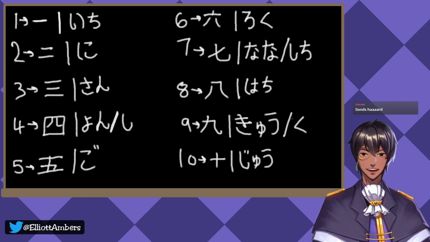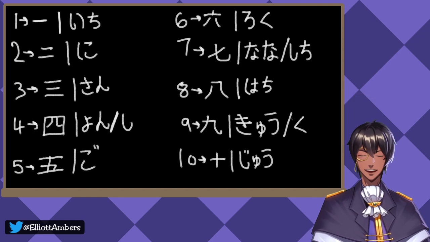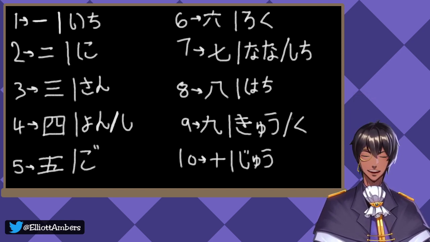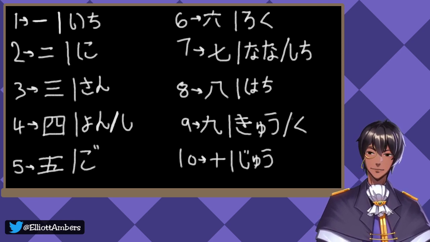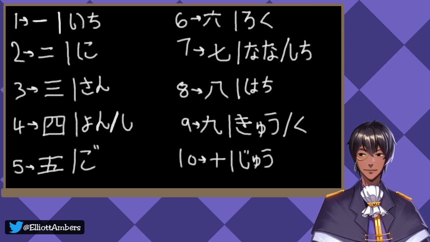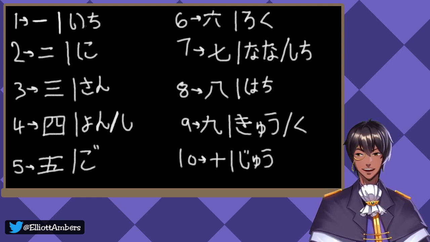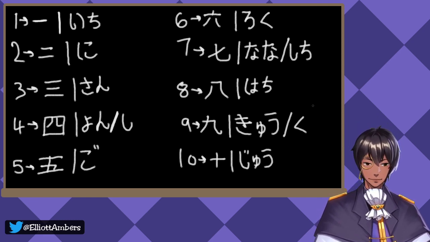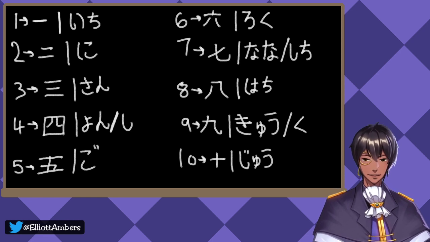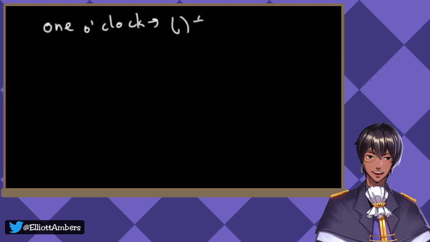I will say that you sort of learn the different patterns as you study, and the different exceptions and cases. For example, if I look at 1, it's ichi, but a lot of 1s actually have different terms for being the first of something. Let me write this on a new layer. So something like 1 o'clock, that's just ichi.